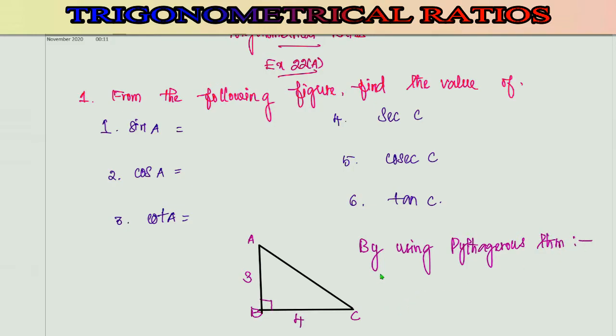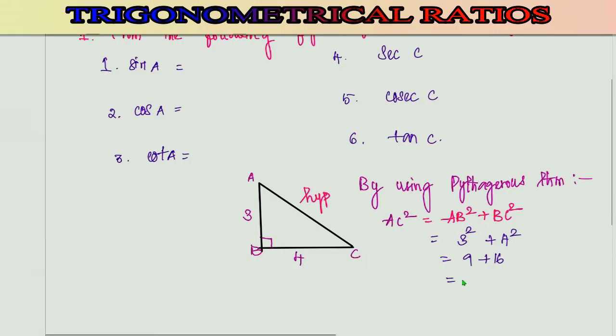So the formula, hypotenuse side square is equal to, so opposite to right angle, this side we used to call it as hypotenuse side. This hypotenuse side is equal to the sum of the squares of the other two sides. So you will get AB square plus BC square. So here AB value is 3 square plus BC value is 4 square. 3 square the value is 9 plus 4 square it is 16.